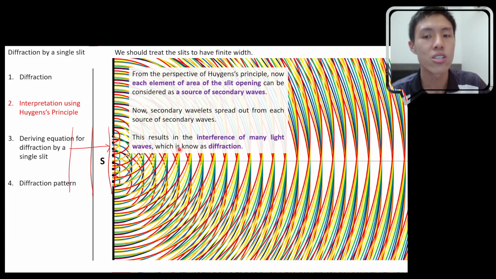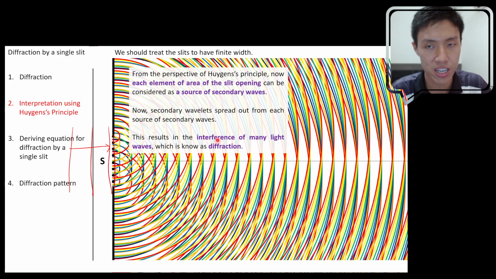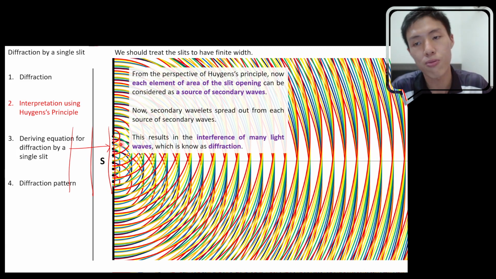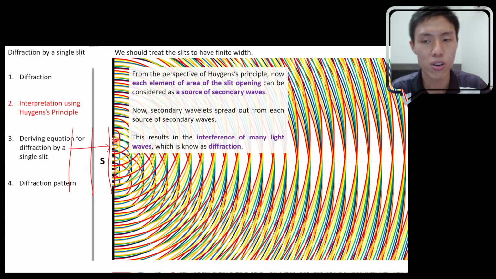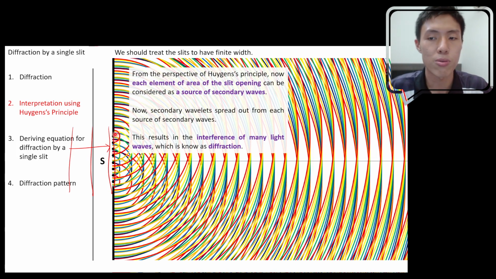So we are going to call it diffraction. This phenomenon involves a slit of finite width. We send light over, and because a portion of the wavefront can pass through the slit, every element on the wavefront will be considered a source. There will be many sources, many secondary wavelets, all overlapping in the same region. So this is interference of many light waves, and we call it diffraction.